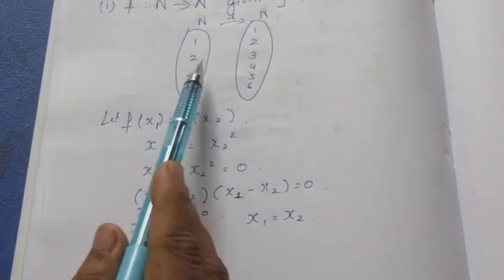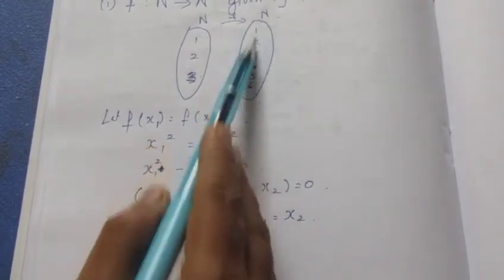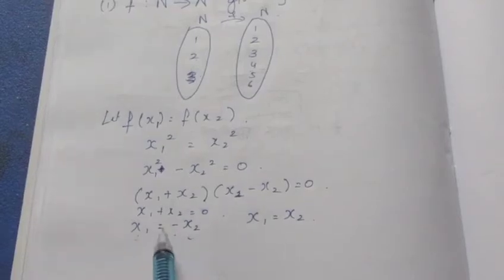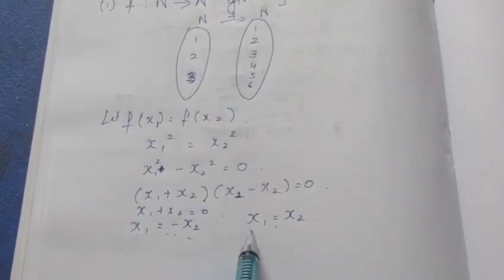It can't be a negative number. As it is a natural number, everything will be a positive number, not a negative number. So this is not possible.